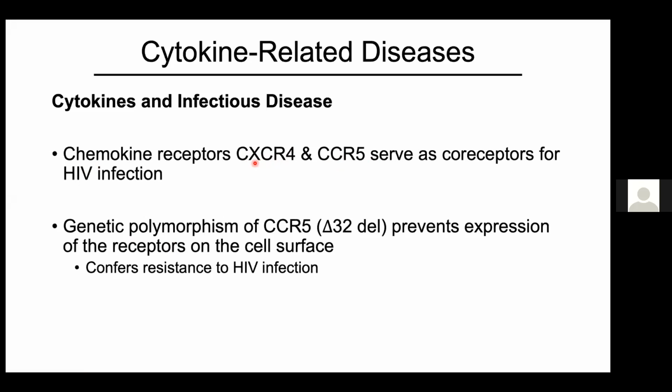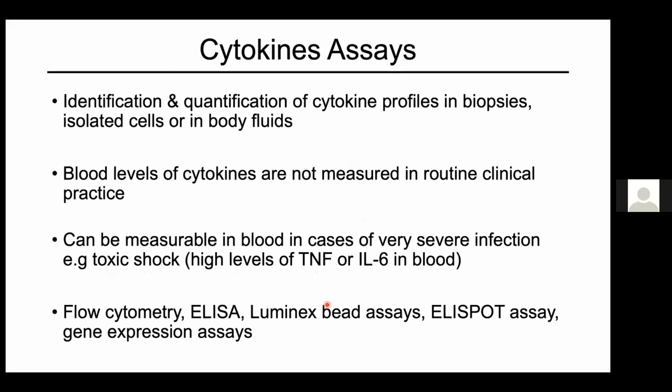The main receptor is CD4, and then you have this co-receptor. These tend to colocalize with the CD4 to allow entry of HIV. So patients who have a mutation in the CCR5 have been shown to be resistant to HIV infection, okay? This is mainly seen in Caucasians, I think.